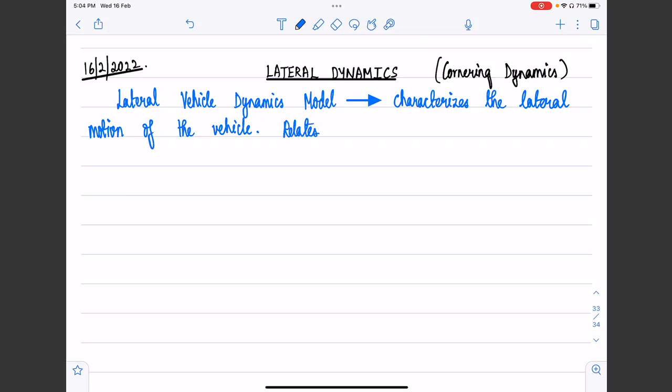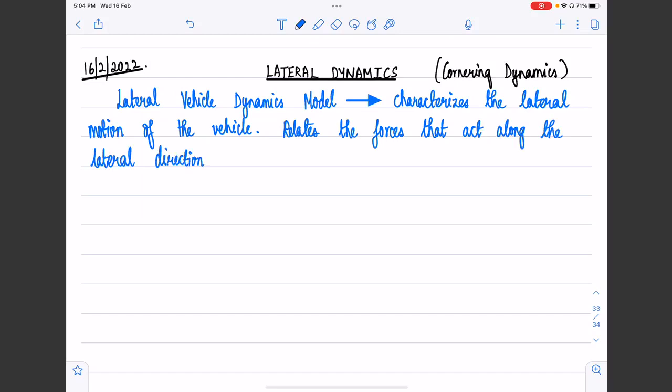So that's what we are going to study. A lateral vehicle dynamic model relates the forces and torques that act along the lateral direction of the vehicle to its corresponding motion.